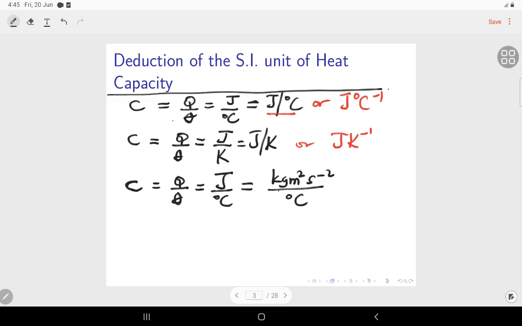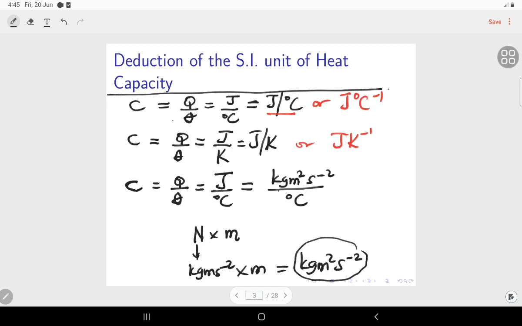Why am I saying that? Joule is work or energy, and it's force times distance. Force is in newtons, distance is in meters, and this newton is expressed as kilogram meter per second squared, times meters. So this gives you kilogram meter squared per second squared. This one is the basic SI of joule.